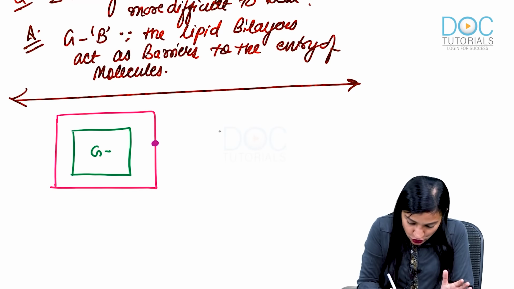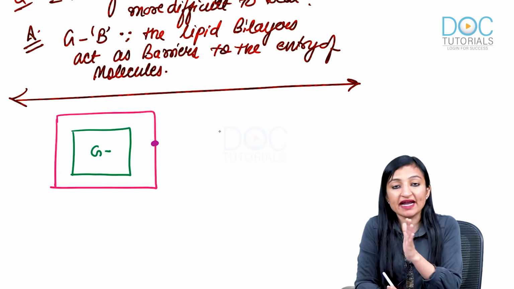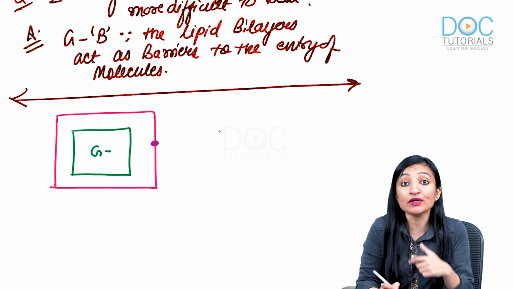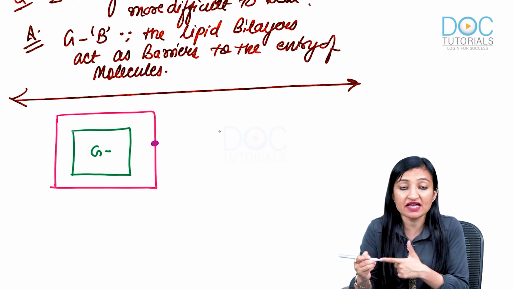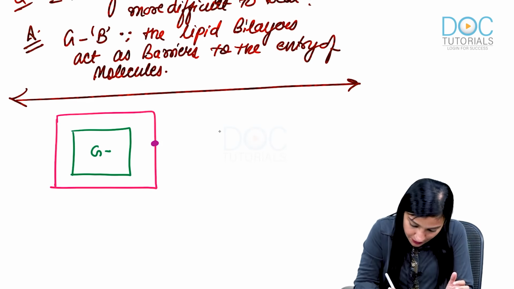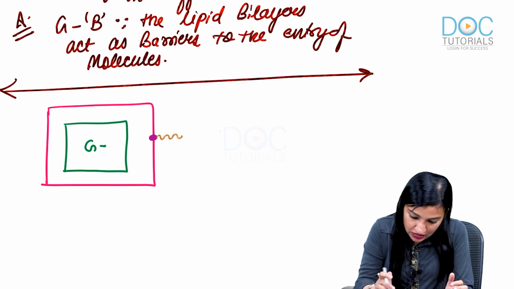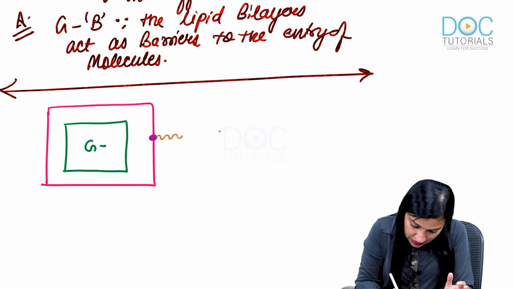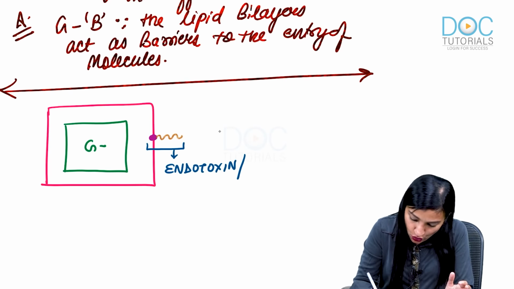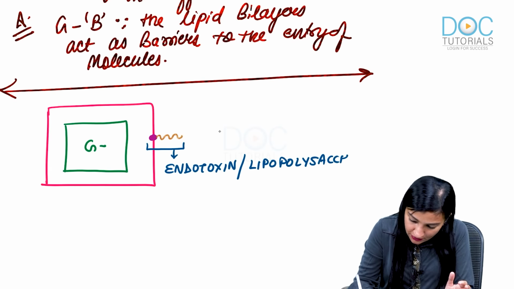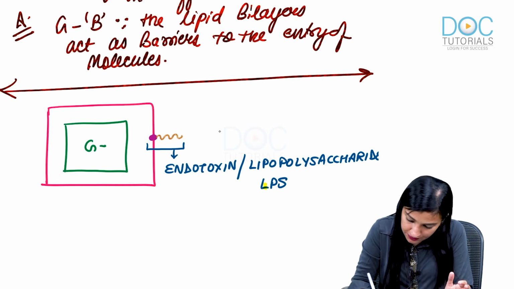I have previously used the term endotoxin in the diagram, and now I am going to introduce a synonym for endotoxin, that is LPS or lipopolysaccharide. So this whole thing is referred to as endotoxin or lipopolysaccharide or LPS.